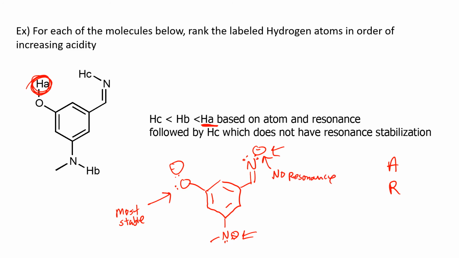However, here we see that we have a lone pair that's allylic to our double bond here, so there is resonance. So that means that HB, this proton, will be next in line, rendering HC the least acidic.